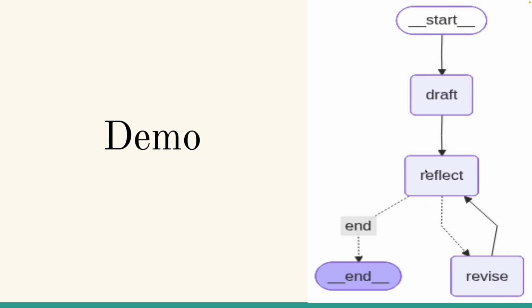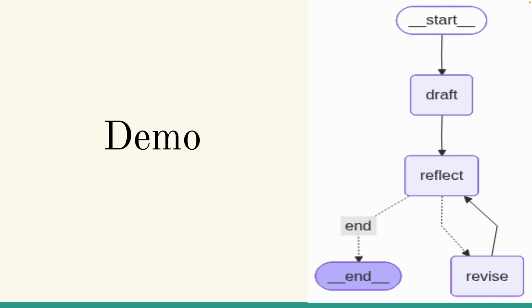Then it will go back to reflect, and again we'll take the feedback. If the feedback is satisfactory, it will end. If it is not satisfactory, it will go back to the revise node and improve the response based on the feedback, then go back to reflect and again check whether the feedback is satisfactory or not.